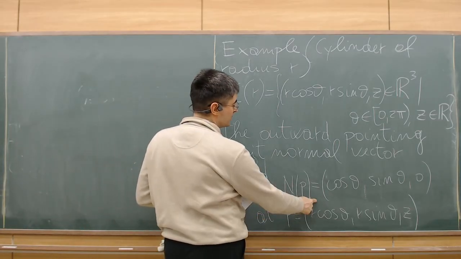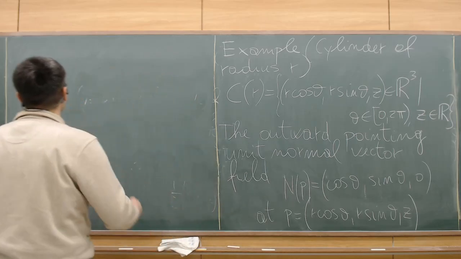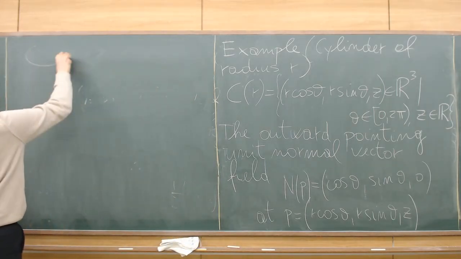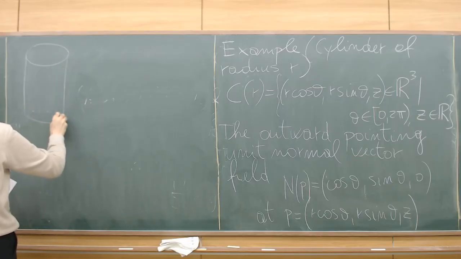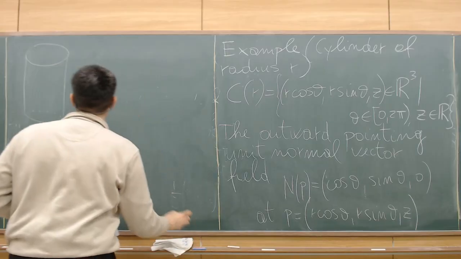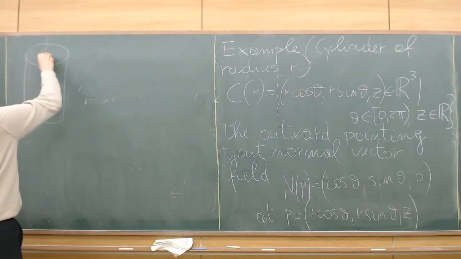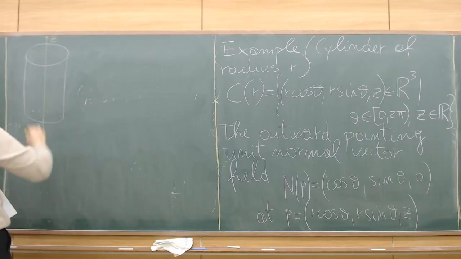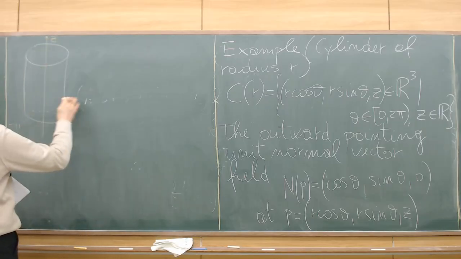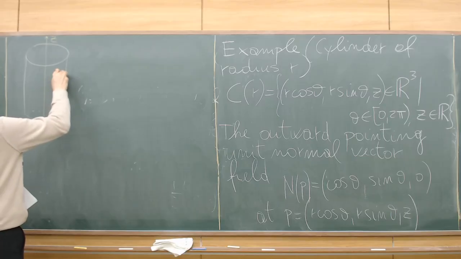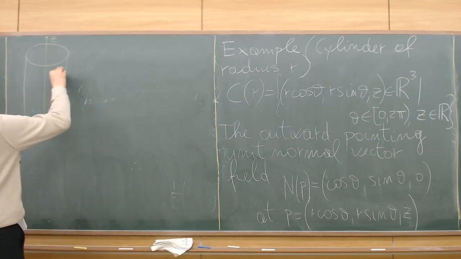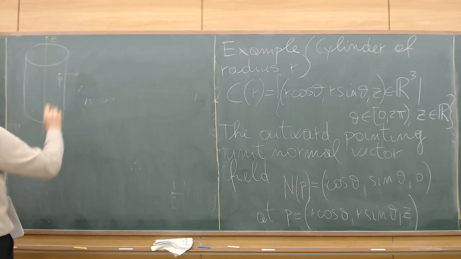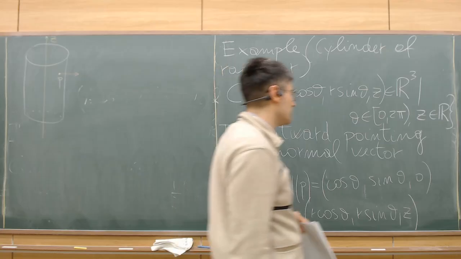This formula is intuitively clear. If this is our cylinder, this is the z-axis, then it is clear that if this is the point P, N of P is a horizontal vector, so the last component is equal to 0.